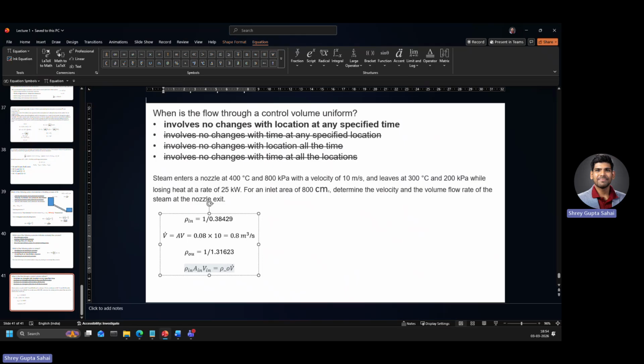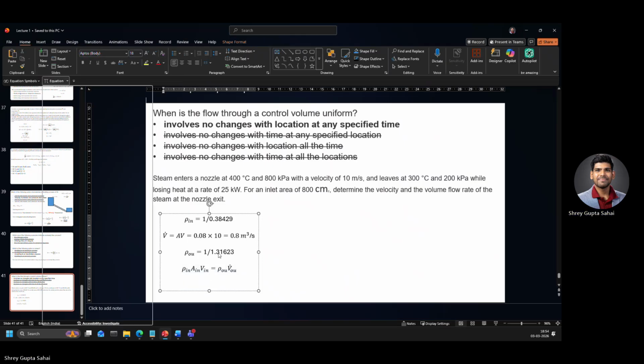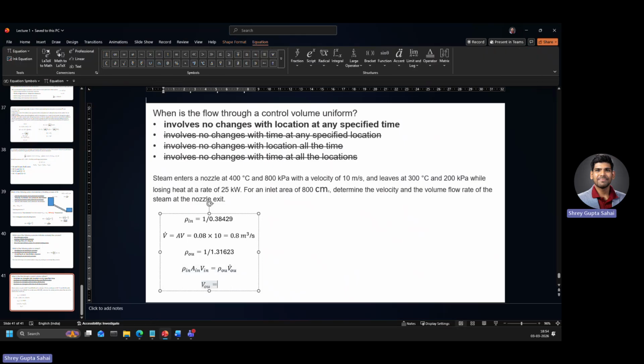The exit volume flow rate is V dot in times v out divided by v in. So this has to be 0.8 times 0.38429 divided by 1.31623.